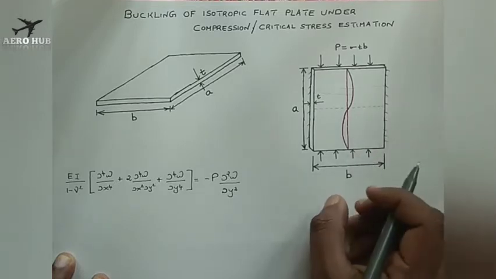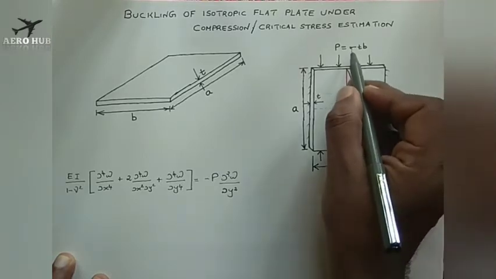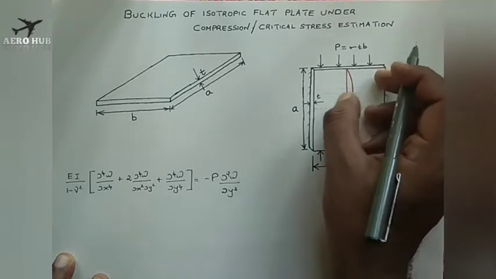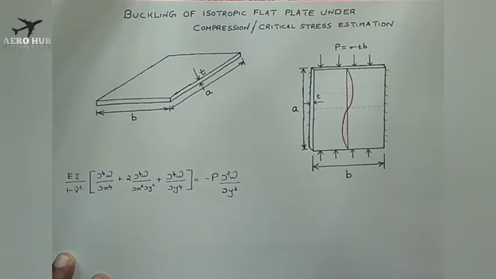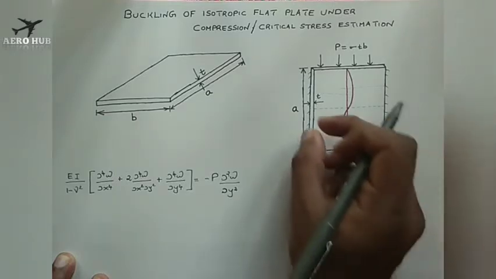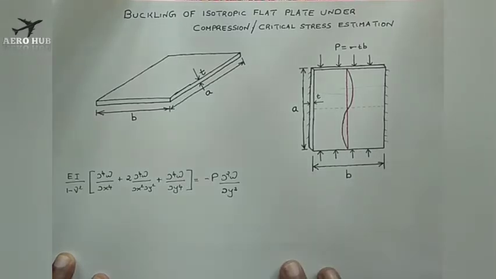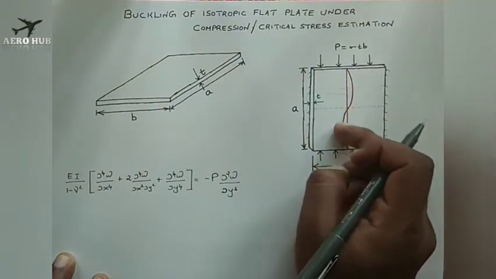I am applying a compressive load of capital P, and P is equal to sigma, the stress, times the cross-sectional area, that is B into T. I am applying the load on the shorter side, that's why the cross-sectional area is B into the thickness T. When the thin plate is subjected to a compressive load, you can imagine that it will take the shape of a sine curve.